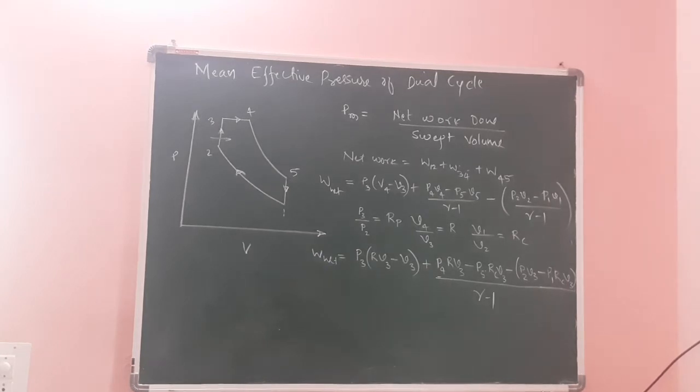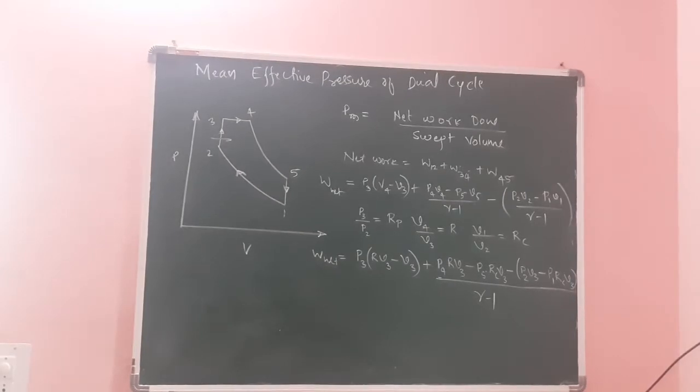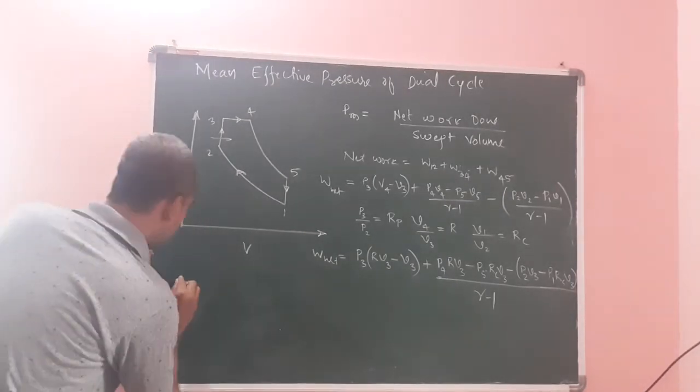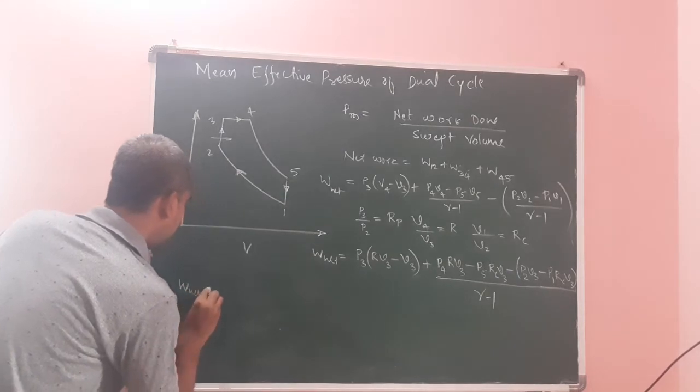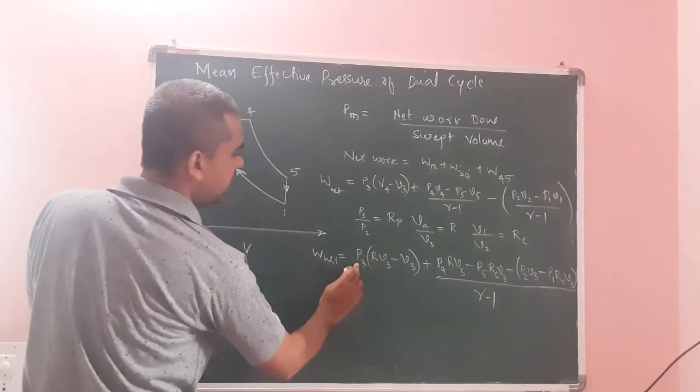Now what will I do? I will take P3 as common. I can take P3 common here and I will express in other terms also. W net is equal to P3.